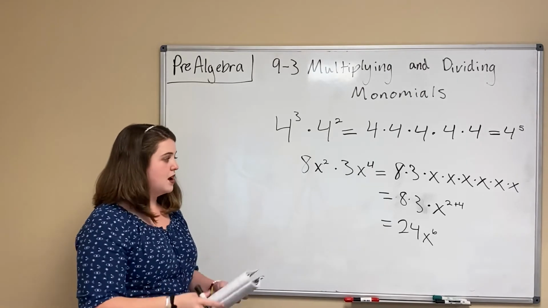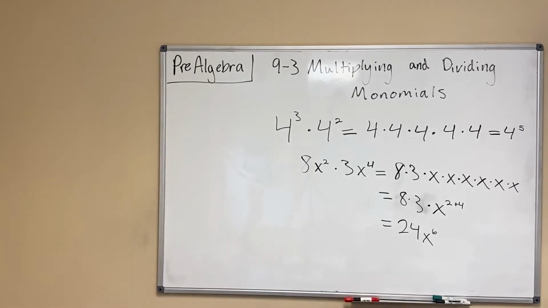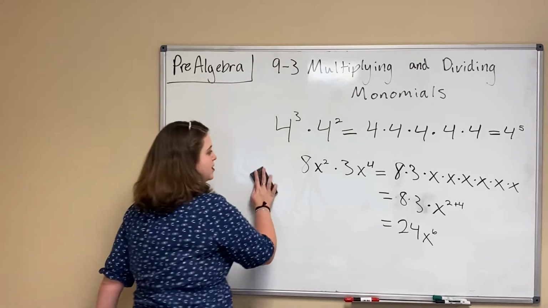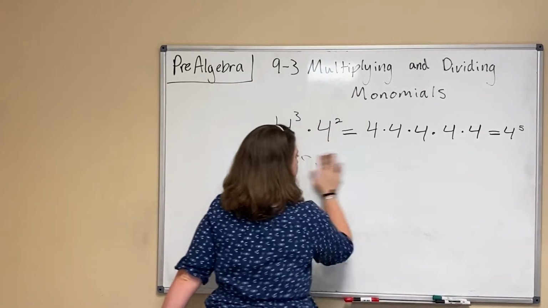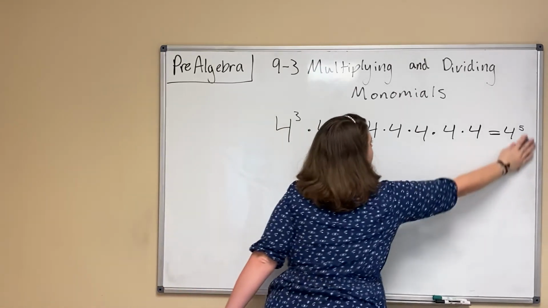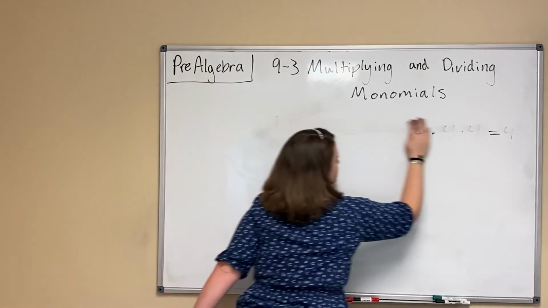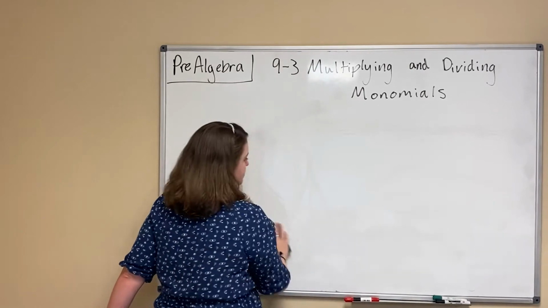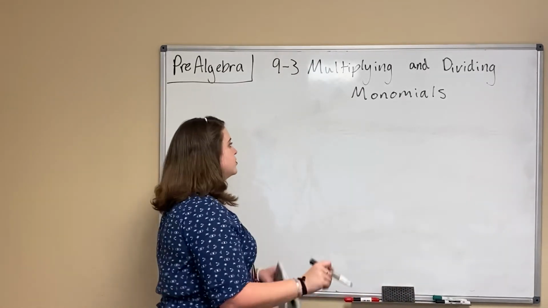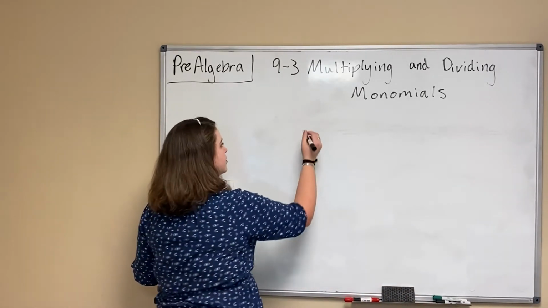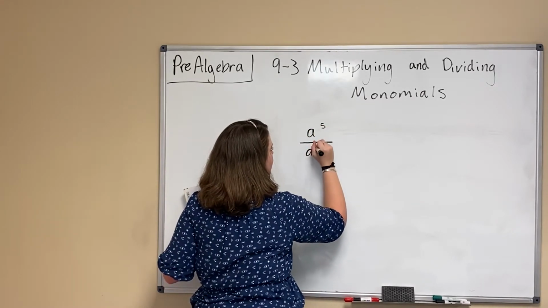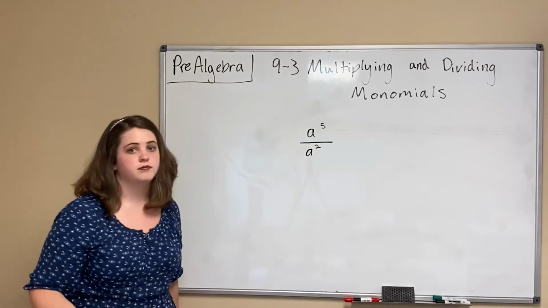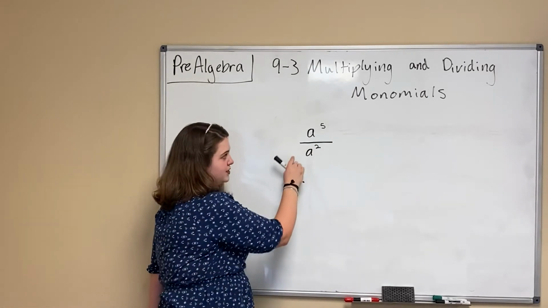Now, like you might imagine, if instead of multiplying I'm dividing, I'm going to do the opposite, because division is the opposite of multiplication. You guys know that. So if I'm dividing, say I have a to the fifth divided by a to the second. Now you guys remember a fraction is the same as dividing.